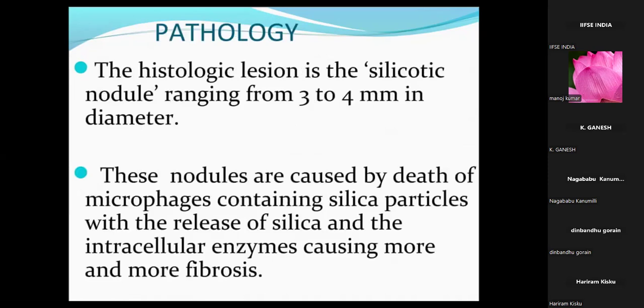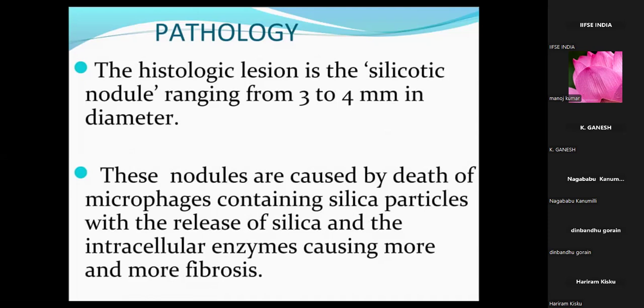The next one is the pathology, that is, how do you identify this? The histologic lesion is the silicotic nodule. This is not required for you; the pathology is only for information. If you take a lung section and observe it under a microscope, you can find fine silica nodules in the lungs, ranging from 3 to 4 mm in diameter. These nodules are caused by the death of macrophages containing silica particles.